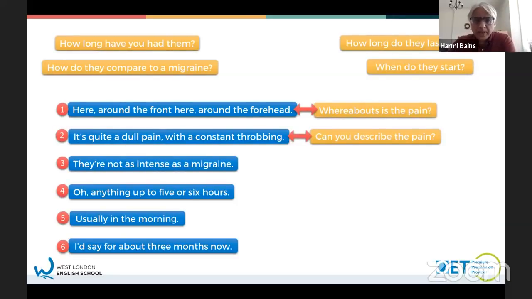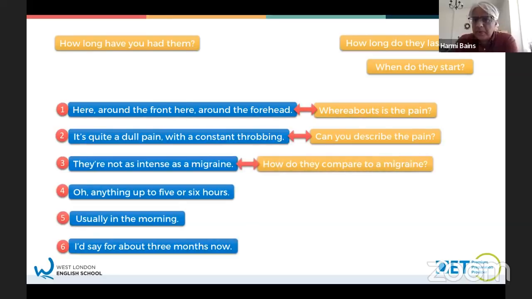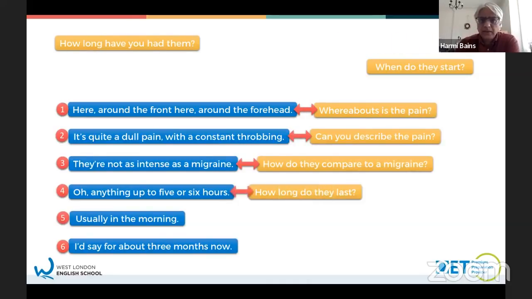It's quite a dull pain with a constant throbbing. Okay, number 3, the answer, they're not as intense as a migraine. Yeah, this was fine. How do they compare to a migraine? Number 4, anything up to 5 or 6 hours. Okay, how long do they last?